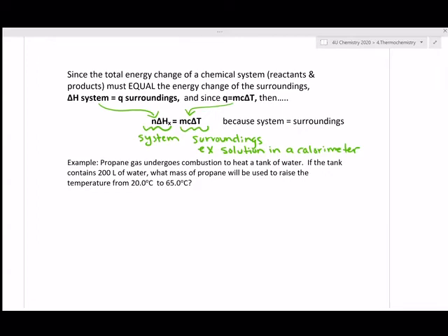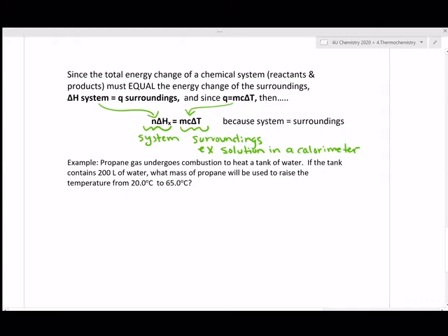Now, on a much larger scale, which is definitely not a calorimeter, it's the exact same thing going on when you have a hot water tank, which you may have at home, that is being heated by propane. So the combustion of propane specifically. So if propane gas undergoes combustion to heat a tank of water, so that's kind of like we've got a reaction, and then we've got our water, which is a very large calorimeter, I guess.